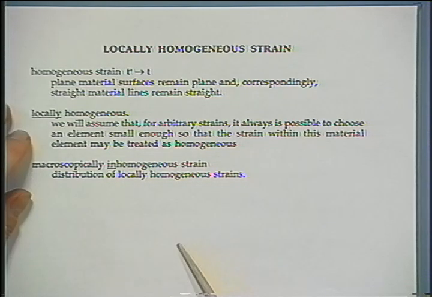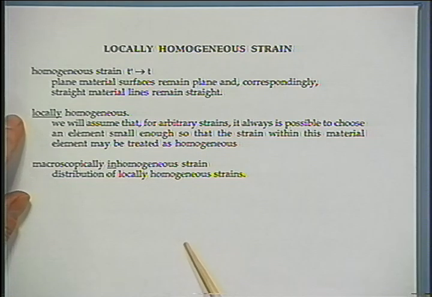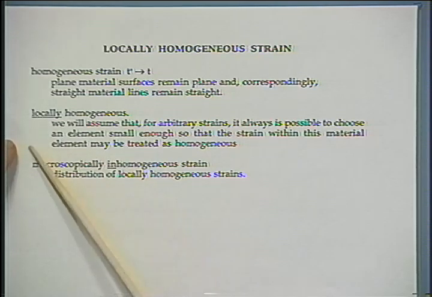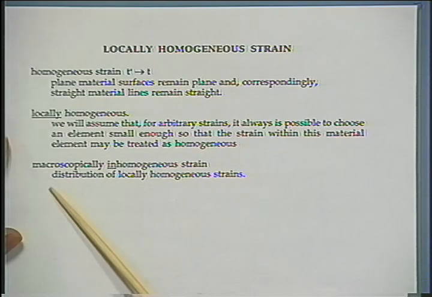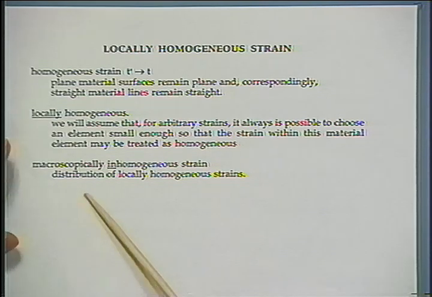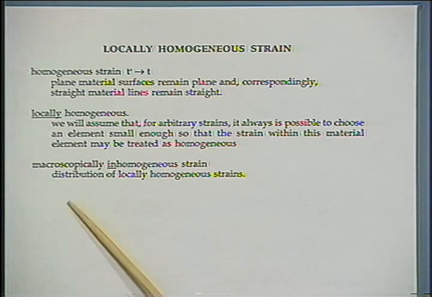And now comes our simplification, which doesn't really reduce the results which we will be deriving. It's just saying that for any flow, we will be able to take a material element that is so small that within that material element, the deformation is linear. And that we will call an infinitesimal material element.